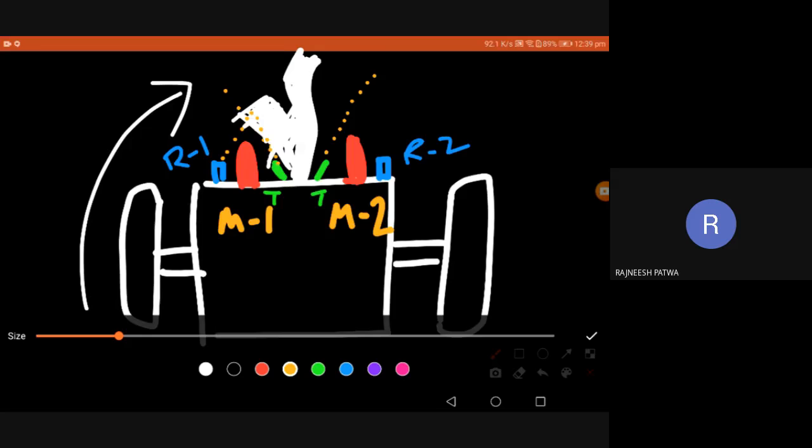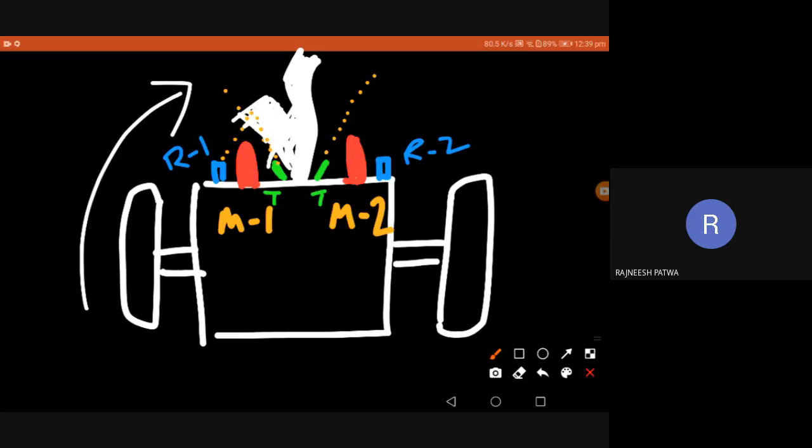So now the receiver is receiving some IR radiation sent by transmitter 1. That means my robot has moved over the white line and is trying to move to the right side, coming out of the white line.